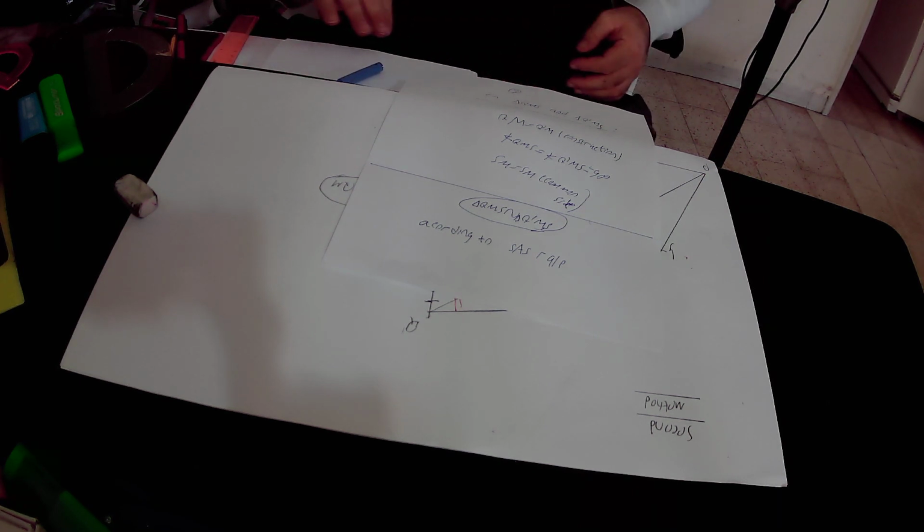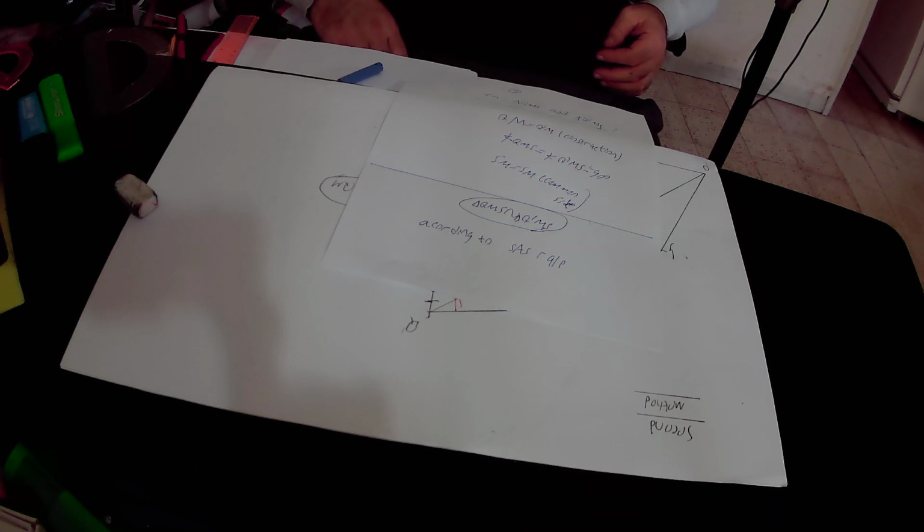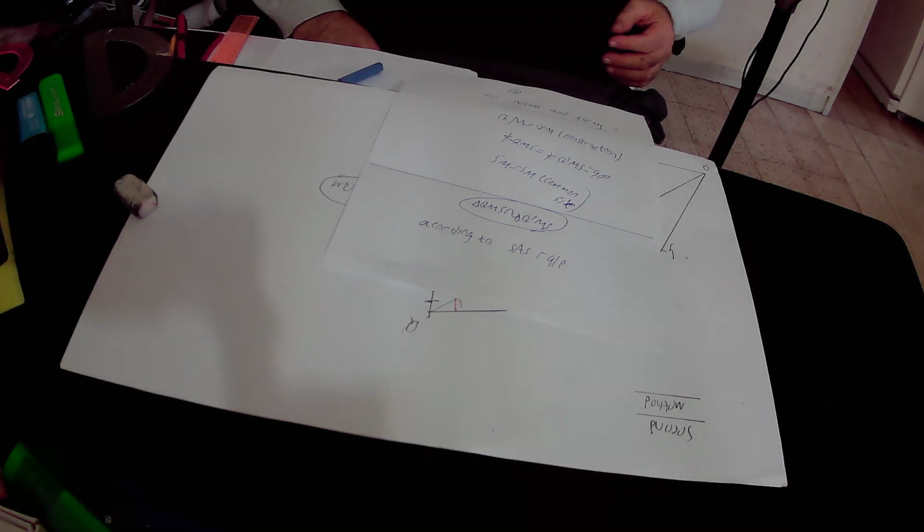So actually, what is side angle side rule? Side angle side rule states that if you prove that two sides and the angle between them in one triangle are correspondingly equal to two sides and the angle between them in the other triangle, then you actually prove that those two triangles are congruent according to side angle side rule.